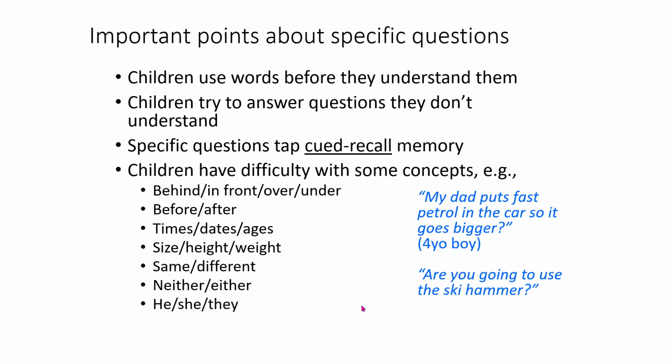So we would think as adults that concepts like before and after, or in front of and behind, are pretty easy concepts. But children have, like I said, emerging abilities to understand those concepts, and they have emerging abilities with language and the way that they use words.